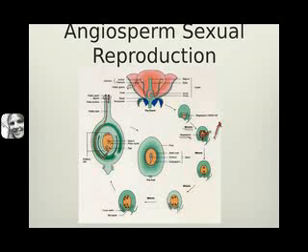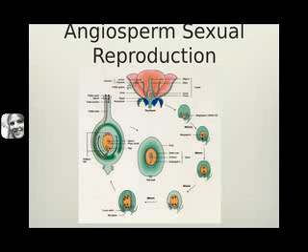It's haploid. The megaspore will divide mitotically to produce the female gametophyte with 8 haploid nuclei. And we will come back to that in a second, but I just wanted to give you a little bit of an introduction to this.